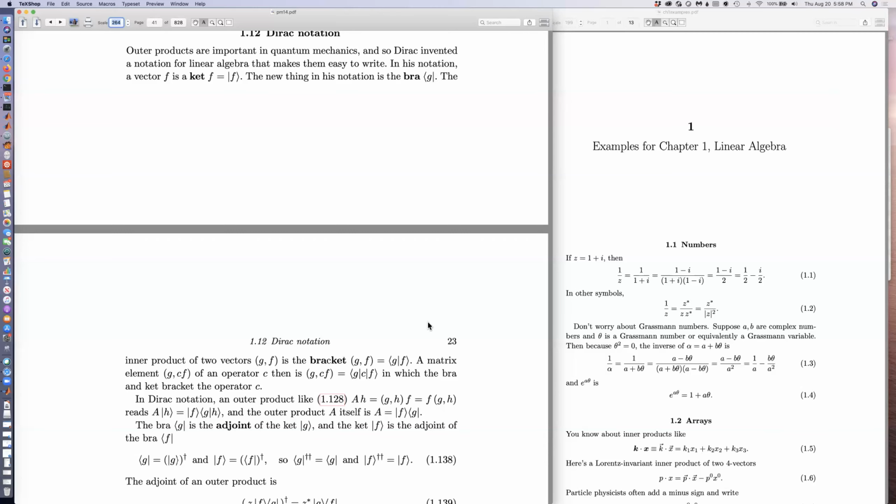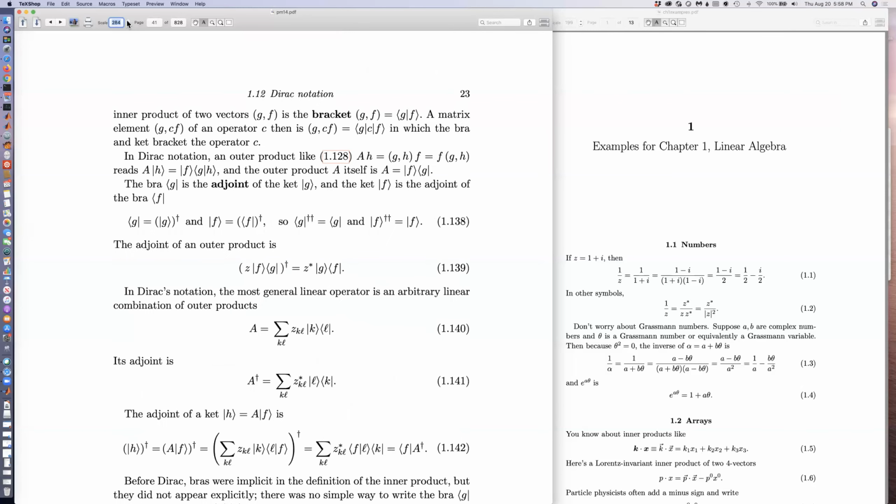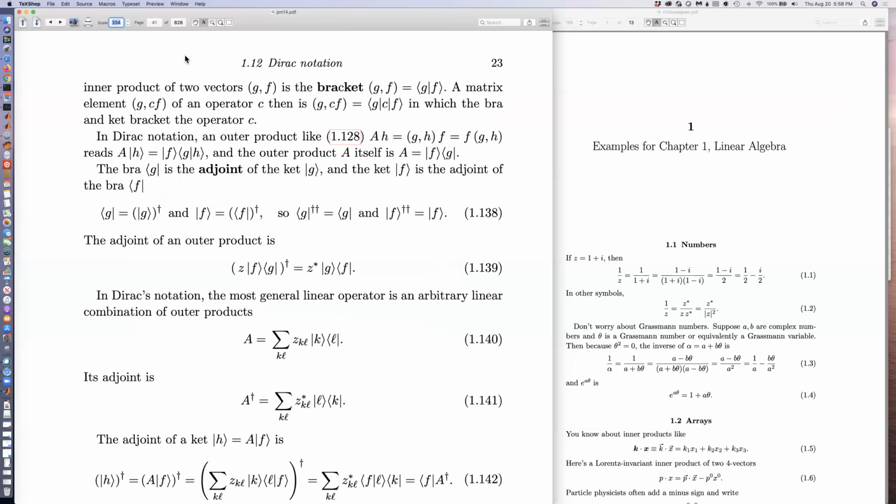Let's go on with the lecture here, and I'll make the type bigger so that it's easier to read. In Dirac notation, an outer product like 1.28. So let me, why is this giving me a worry wheel?